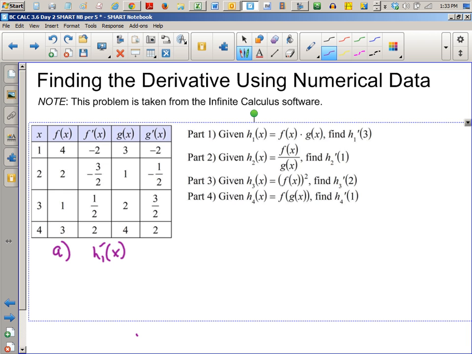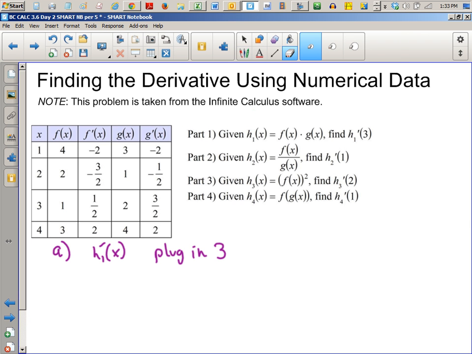So we're going to find h1 prime of x and plug in 3. That's what it means to find h1 prime of 3. So we're going to take h1 prime of x, get the derivative figured out, then we'll plug in 3. All right, so that's the order of our strategy.